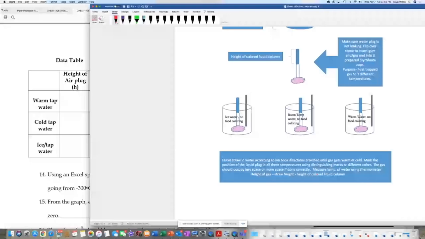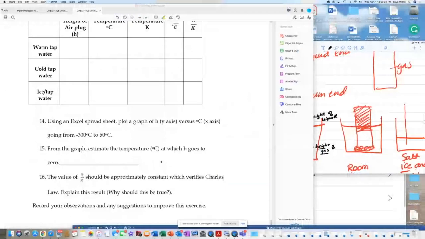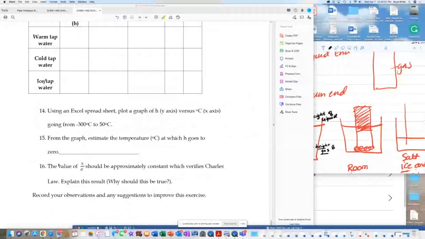So once you're done with that, you're going to have these numbers here, then these numbers here, and then let's see what they say. Oh, look at that. Question number 16 tells you which law we're looking at. Charles' law, right? So number 14, use Excel spreadsheet.